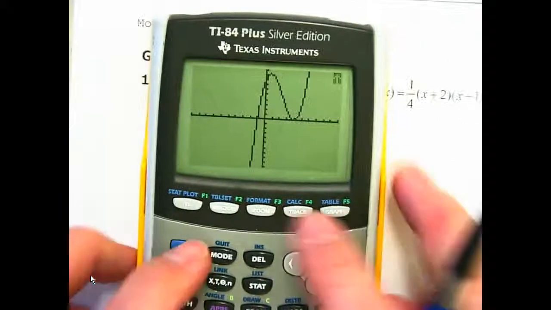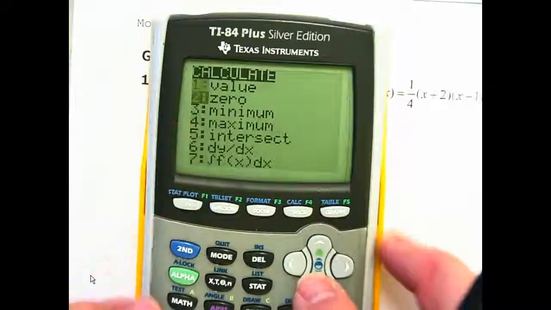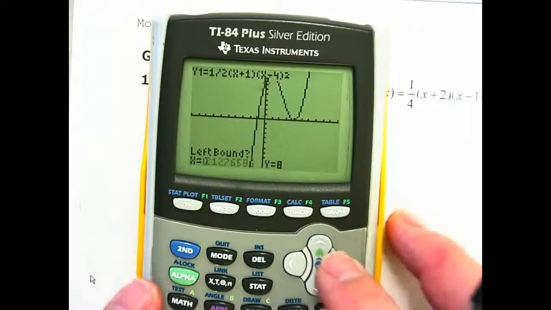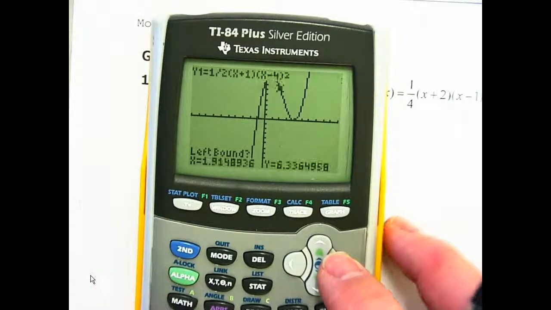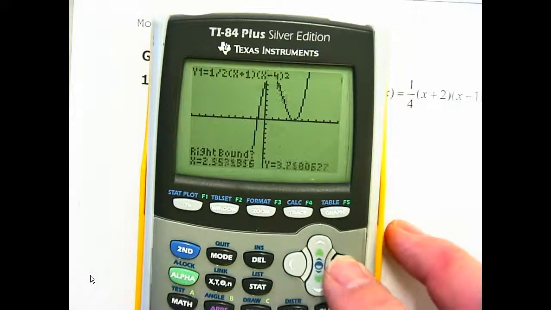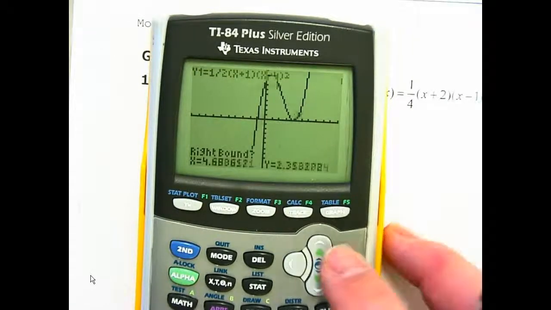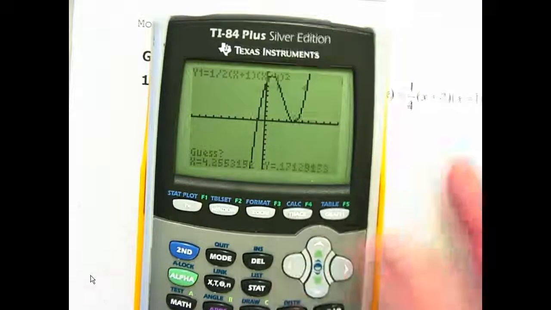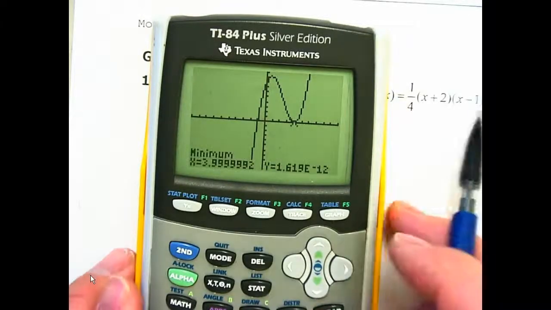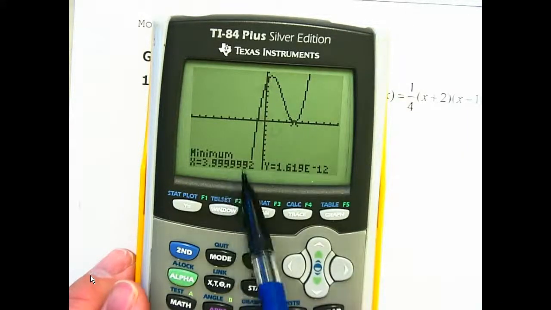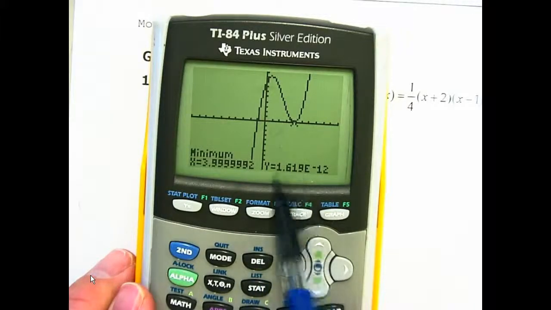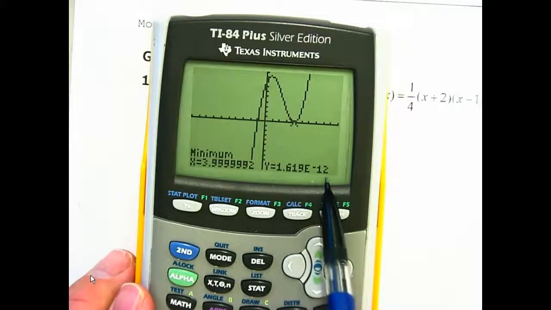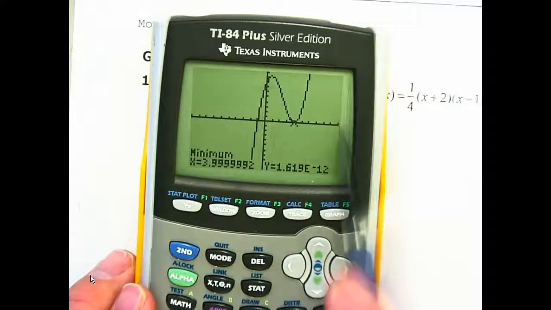And then once you graph it, you can calculate your maximum and min. Remember, that's just second calc, and then minimum. And that's down here, so we've got our left bound, our right bound, and then our guess. Looks like 3.999, so in other words 4, and 1.61 e -12. That's a 0.